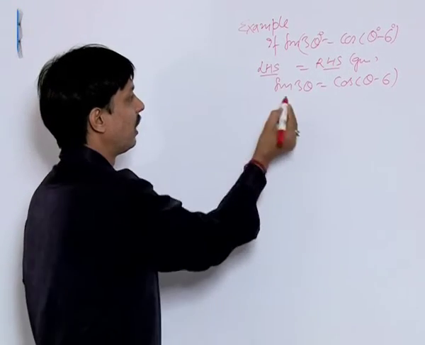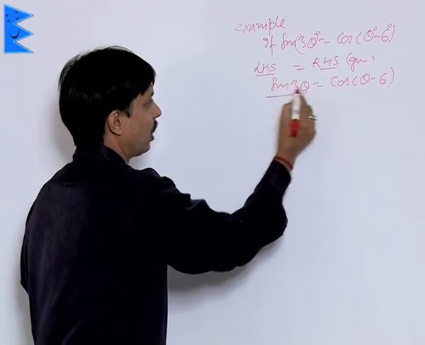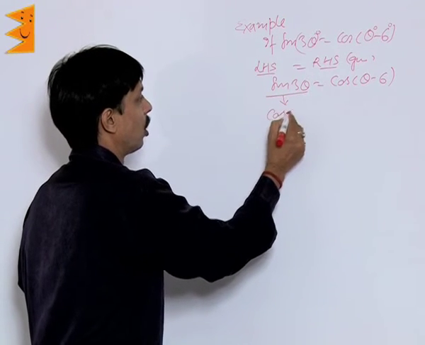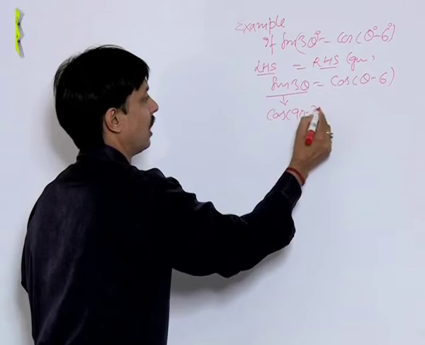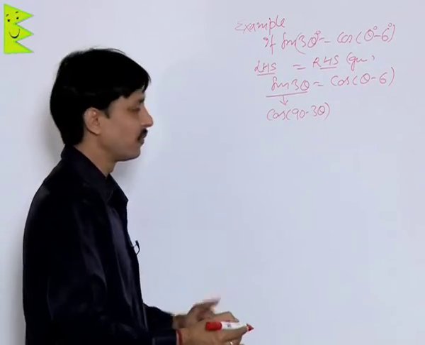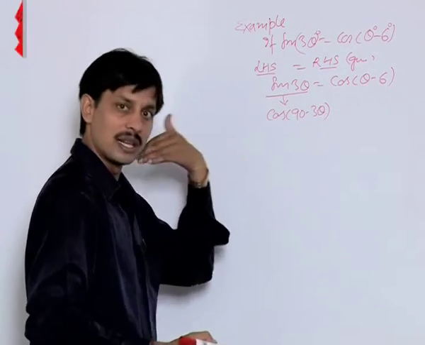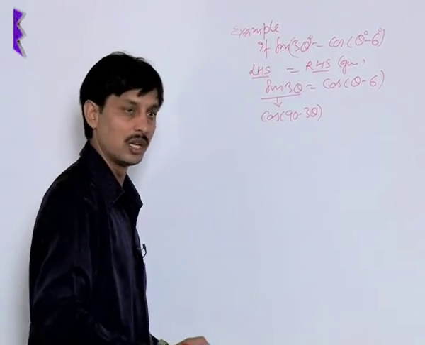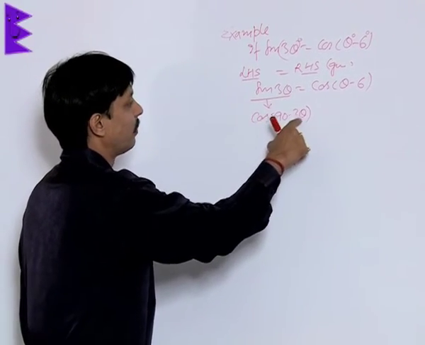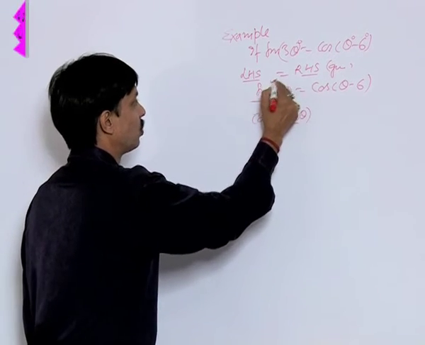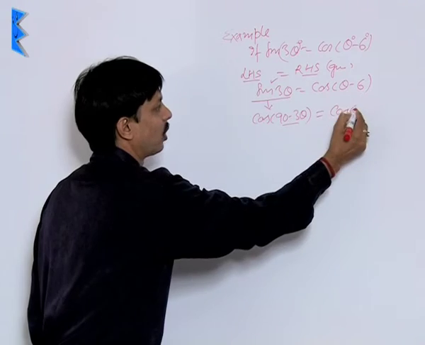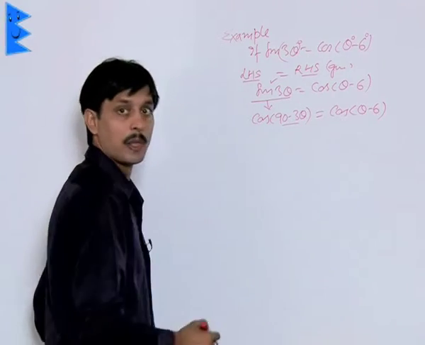Using the complementary relation, in place of sin 3 theta, we can write cos of 90 minus 3 theta, because sin 90 minus theta is cos theta and cos 90 minus theta is sin theta. So this cos 90 minus 3 theta is equal to sin 3 theta. The right hand side is already in cos, that is theta minus 6.